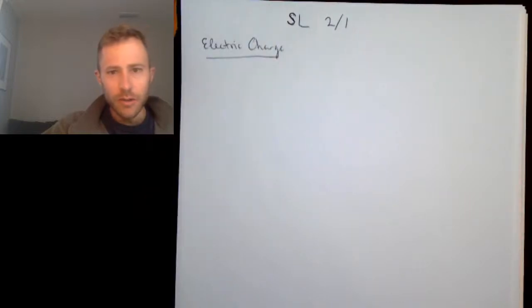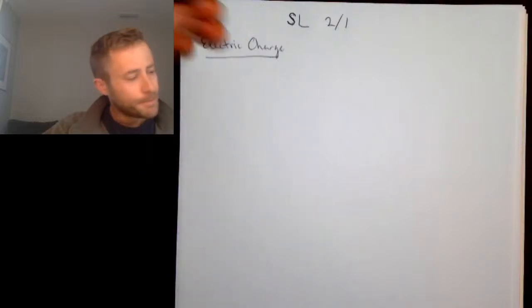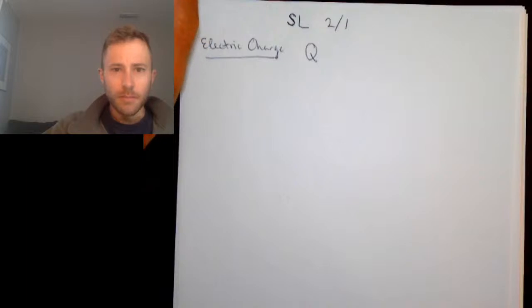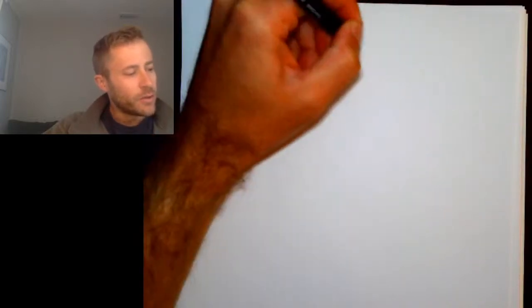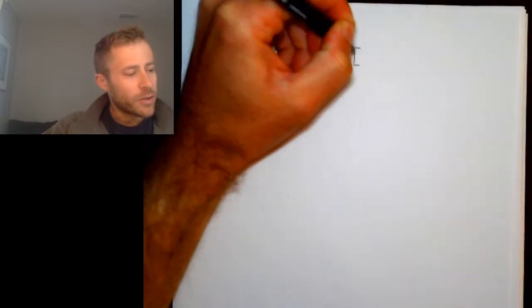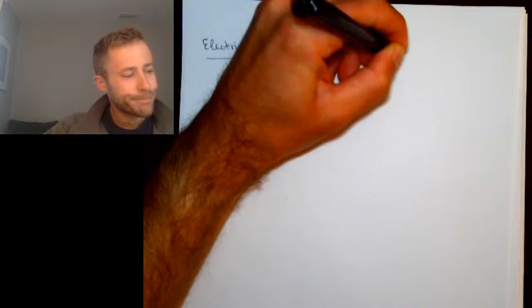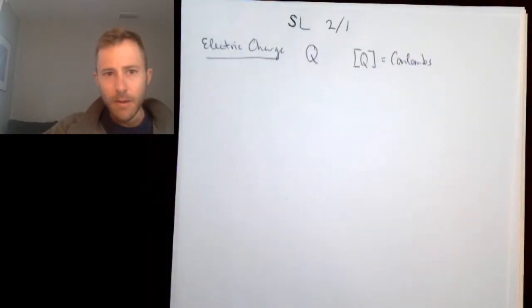Electric charge is typically denoted by Q. All right. And so the units of electric charge are called coulombs. Okay.